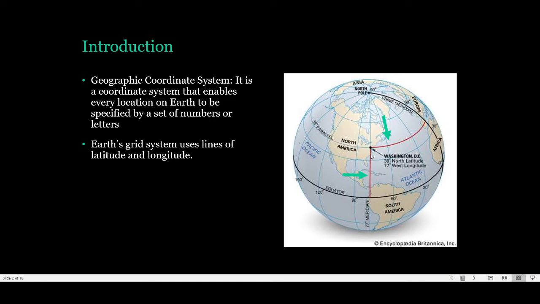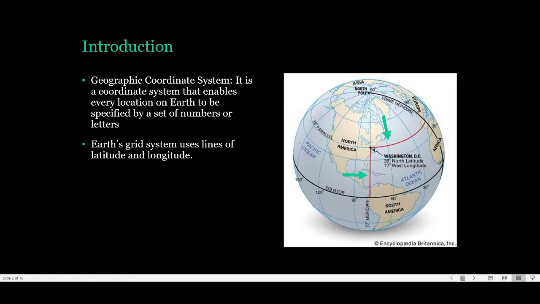These lines are known as latitude and longitude. Specifically, the arrow pointing at this line, this is a line of latitude. And this arrow pointing at this line, this is a line of longitude.